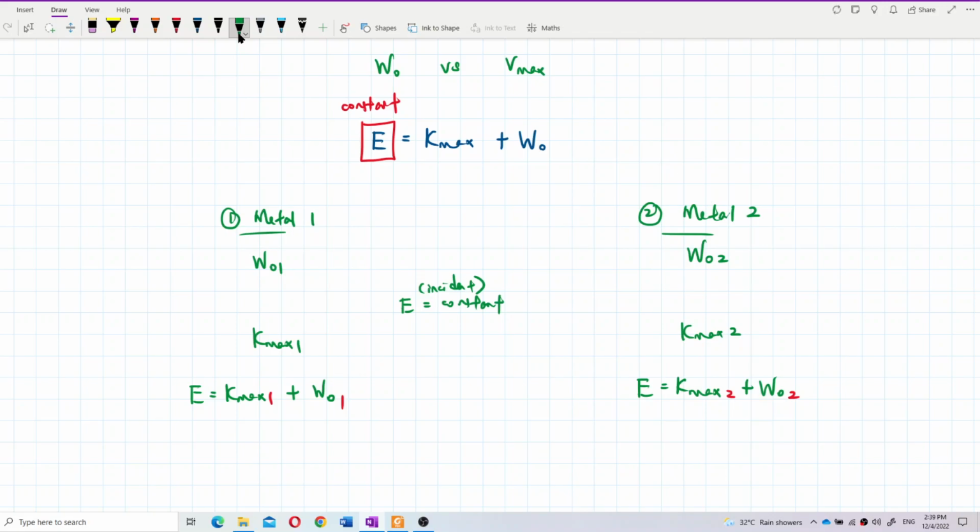Let us just write everything out. hf equal to half mv max square plus hf naught. This one is hc over lambda naught.